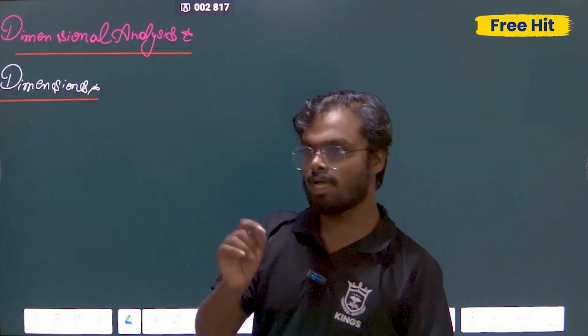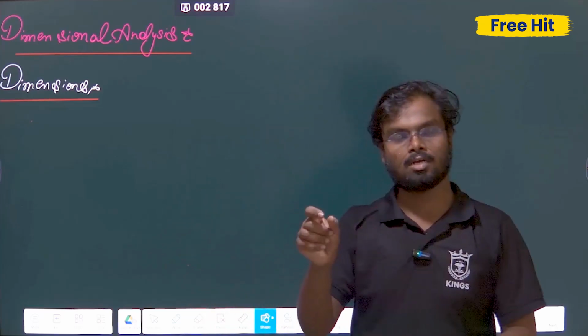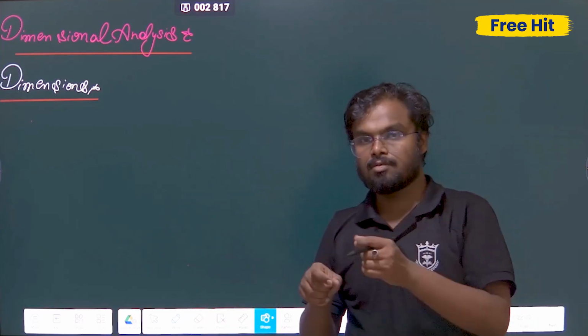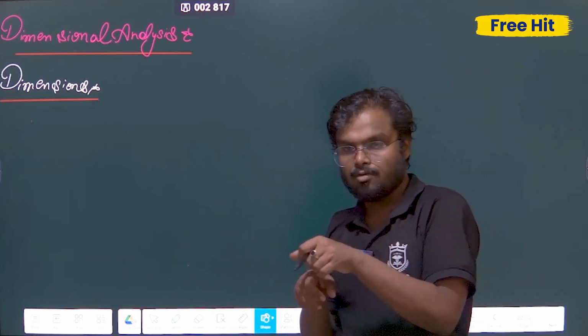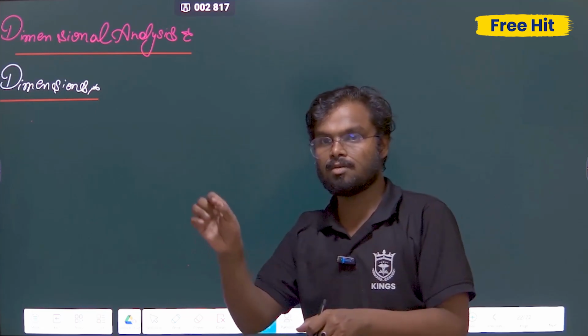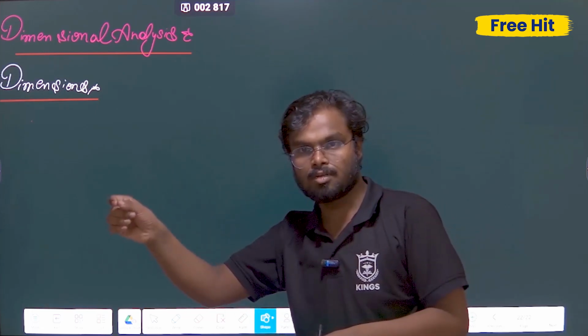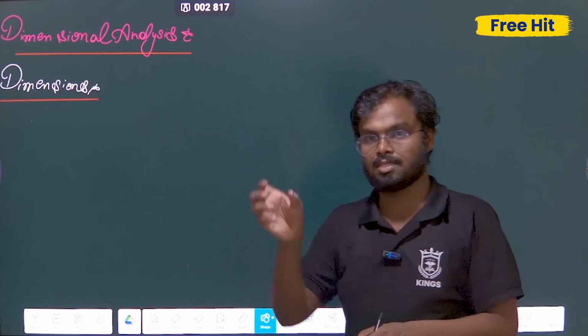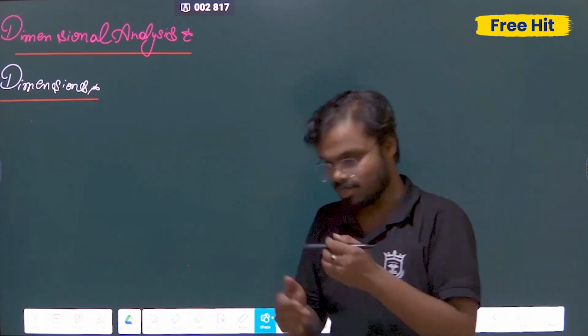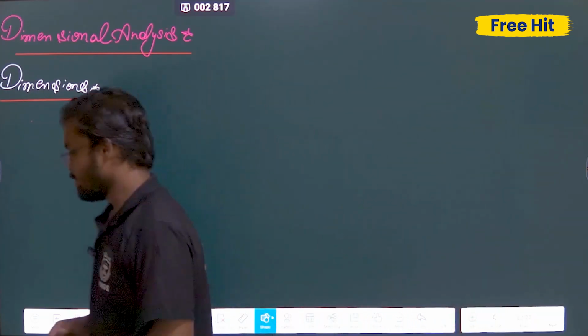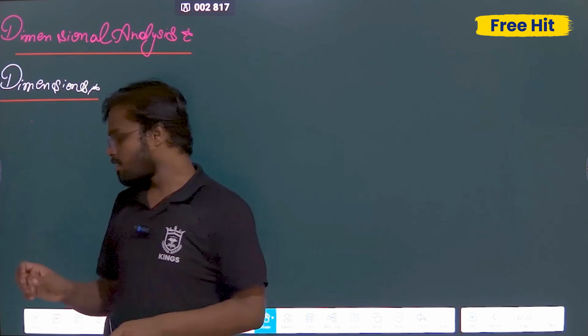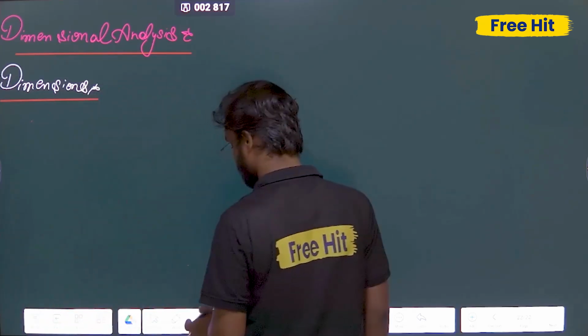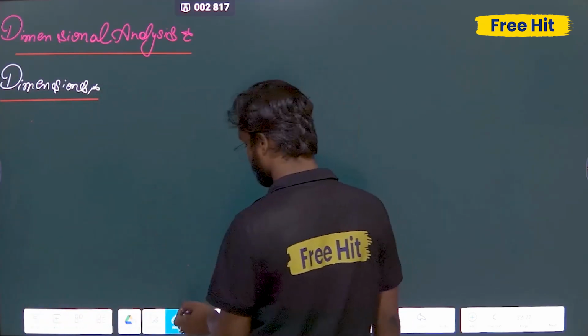They are defined as the powers raised to the fundamental physical quantities which are used to represent the derived physical quantities. If you are not able to understand, I got that. So simply understand, it is the power. Let me first write the definition, then you will better understand.